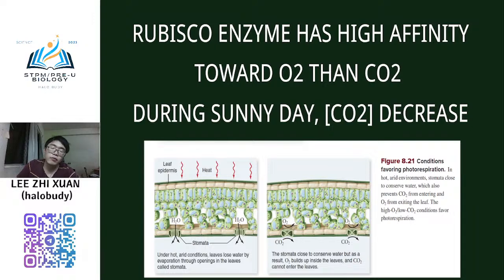And if so, carbon dioxide from the atmosphere cannot enter the plant. Although you are not Semester 2, in SPM you already learned the function of stomata. What is the main function of stomata? Gas exchange. So oxygen and carbon dioxide pass through the stomata.